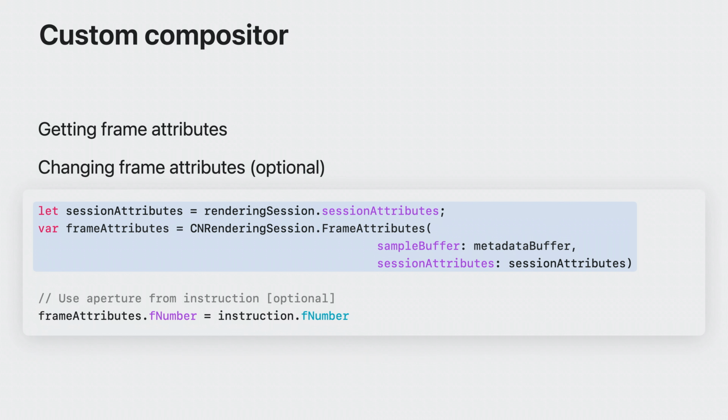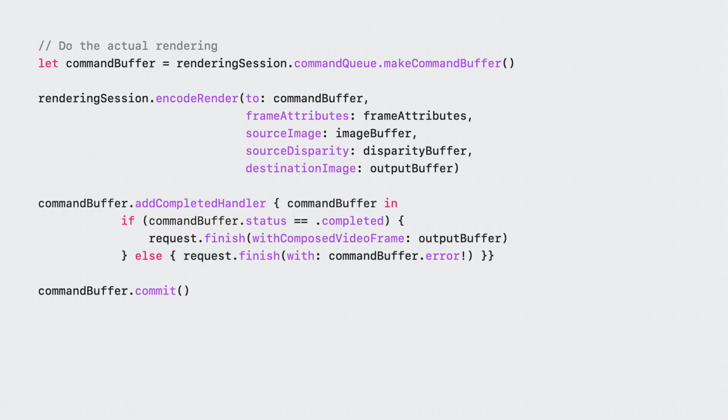With the frame attributes, I can now make optional playback changes. In this case, by changing the aperture F number according to the instruction, which holds aperture changes from a UI element. Focus disparity can be changed in a similar fashion, but I'll get back to making scene-driven changes using detections later. At this point, we're really close to achieve playback.